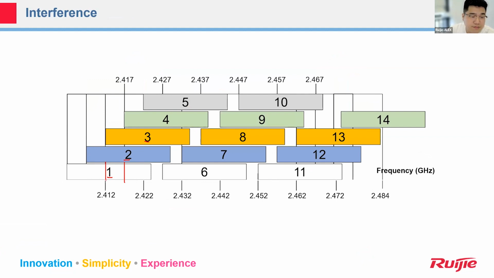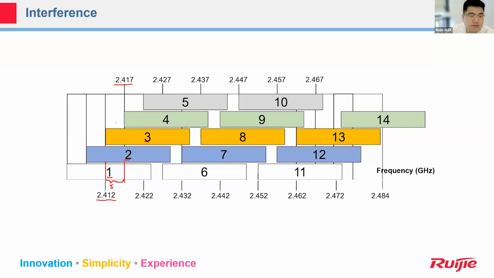Right? So here is 5 megahertz. You can see the center frequency of channel 1 is 2.412, while that of channel 2 is 2.417. From the numbers, we can also know that the difference is 5 megahertz.